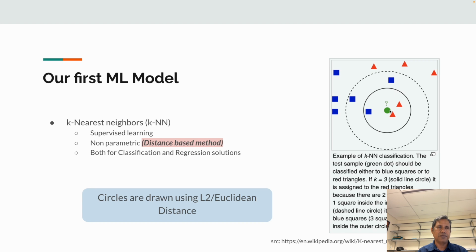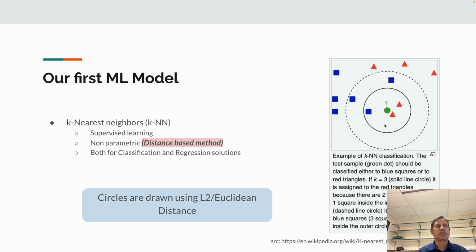And here is our new data point. We have to tell whether it is a triangle or a square. And we have intentionally put the new data point in the center of those circles, because one of the parameters of the k-nearest neighborhood model is the k.